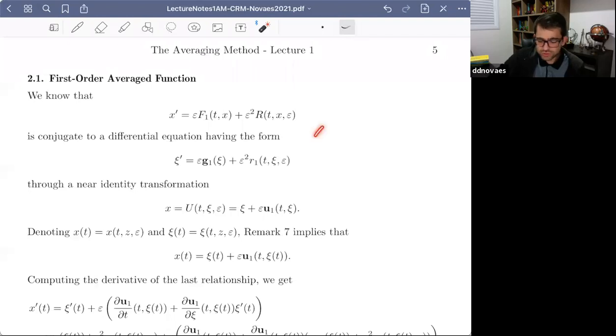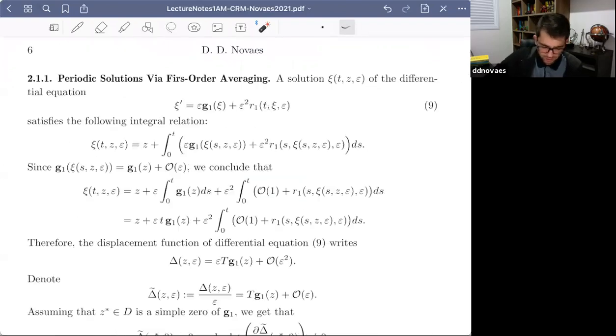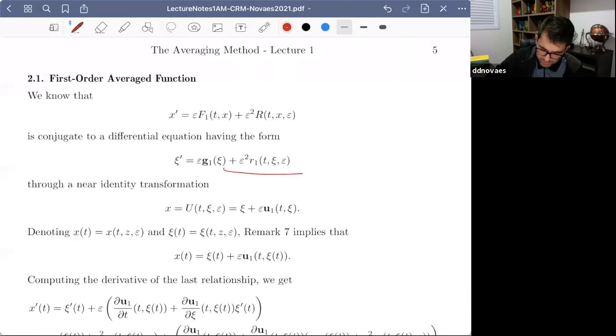Now, in order to use this information to study the periodic solutions, what I'm going to do is to compute the displacement function of the transformed system, okay? Recall that now we have an expression for G1(c, t, s).